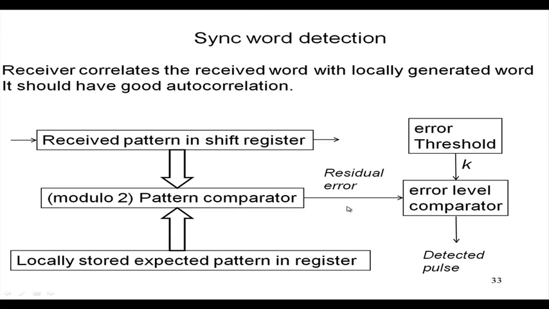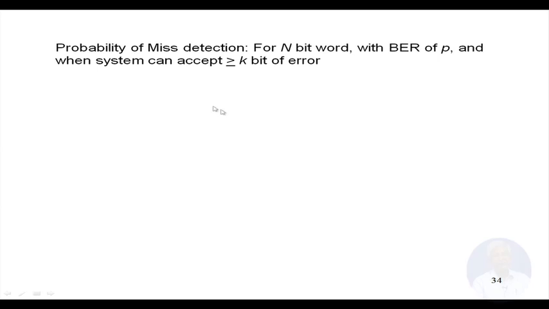Based on this, let us frame an expression for the probability of misdetection, for an n bit word, assuming the sync word is of n bit duration, with bit error rate of probability p, and when the system can tolerate k bits of error. k could be 0, 1, 2, 3, it depends on the system.